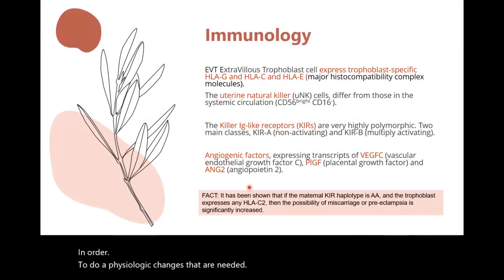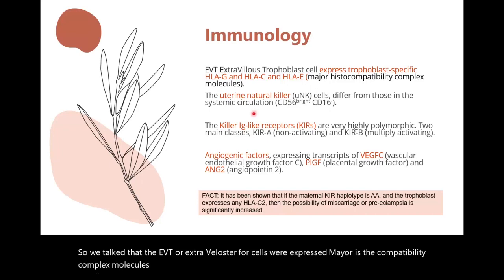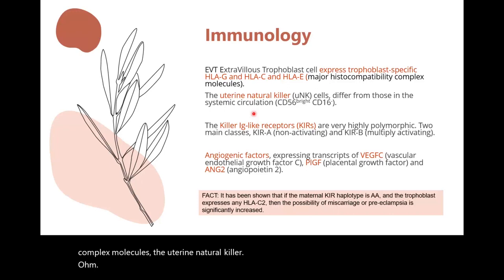So we talked that the EVT or extravillous trophoblast cells will express major histocompatibility complex molecules. The uterine natural killer cells are different from the natural killer cells that are circulating and have specific functions during implantation and angiogenesis.